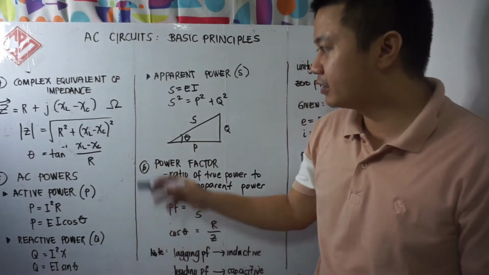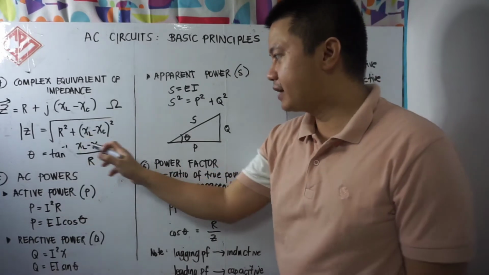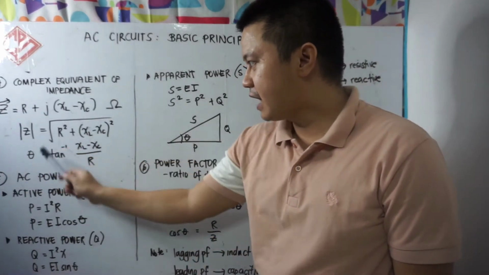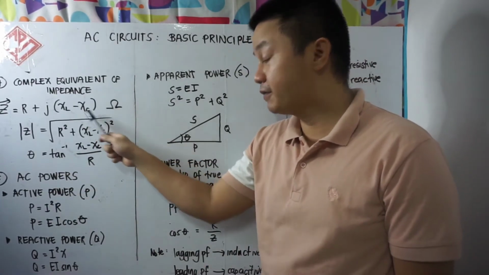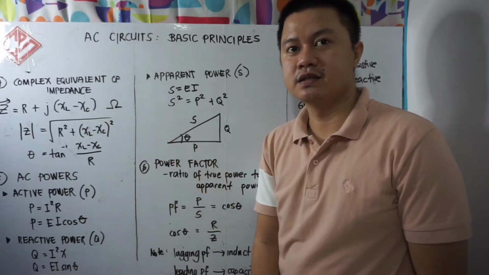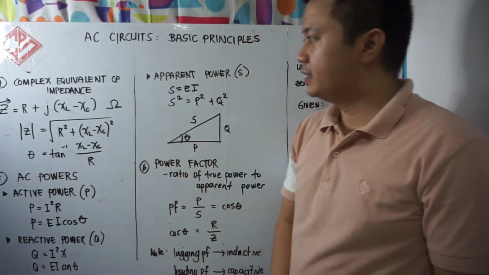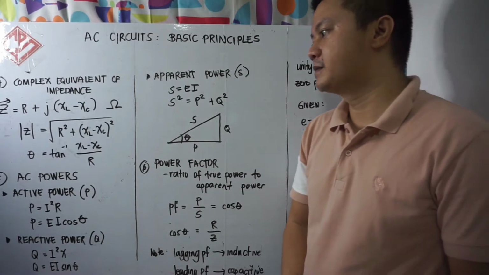If you want to get the angle of this Z, this is arctan of (XL minus XC) over R. Take note that this angle will be negative if your capacitive reactance is greater than the inductive reactance. This will be positive if the inductive reactance is greater than the capacitive reactance.